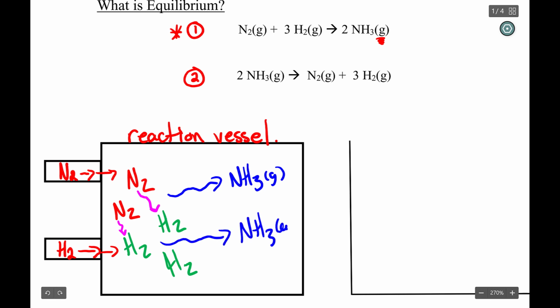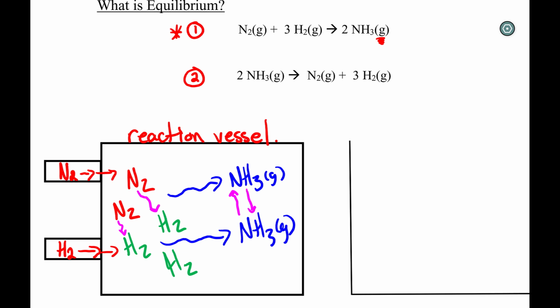All right, simple enough. Here's my forward reaction. Nitrogen hits hydrogen, it starts to form ammonia gas. Now let's think about it from the other perspective. Now that I have ammonia, aren't ammonias going to hit one another? They sure are.